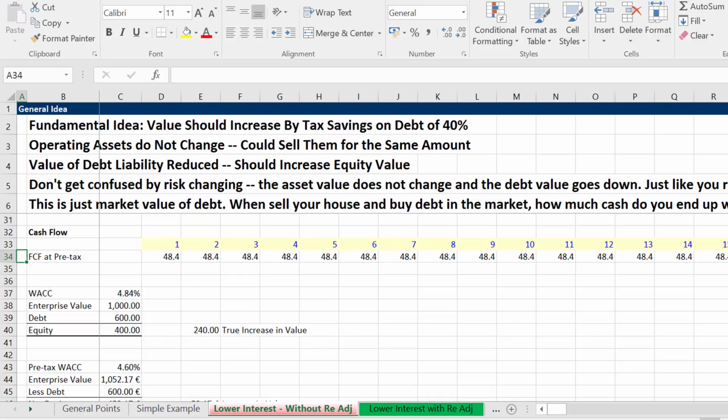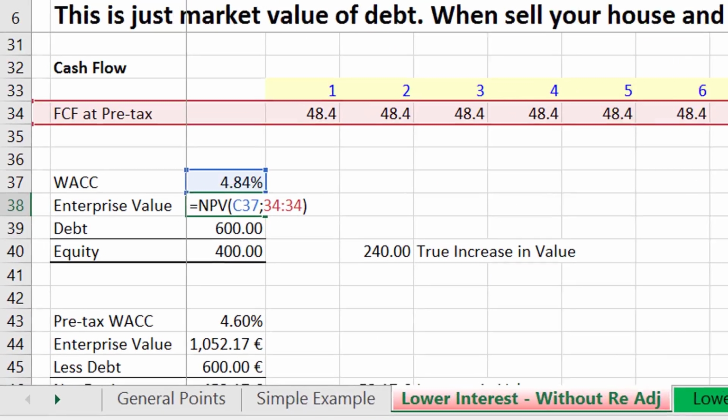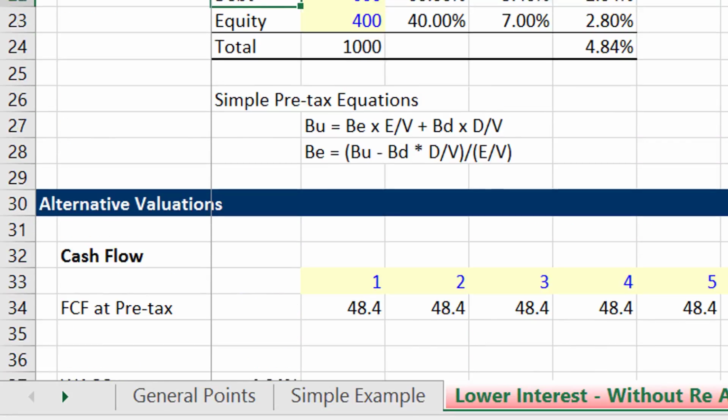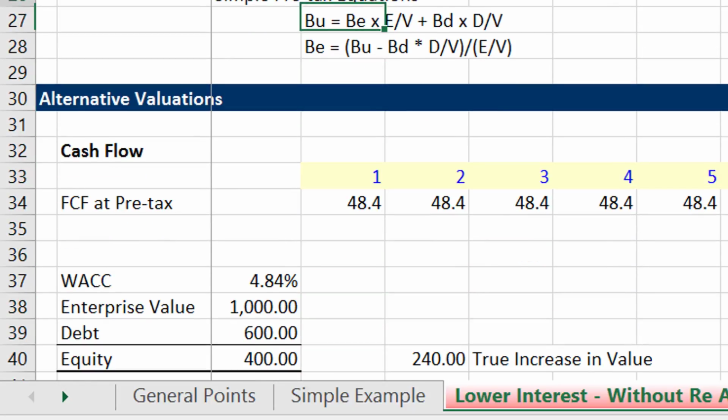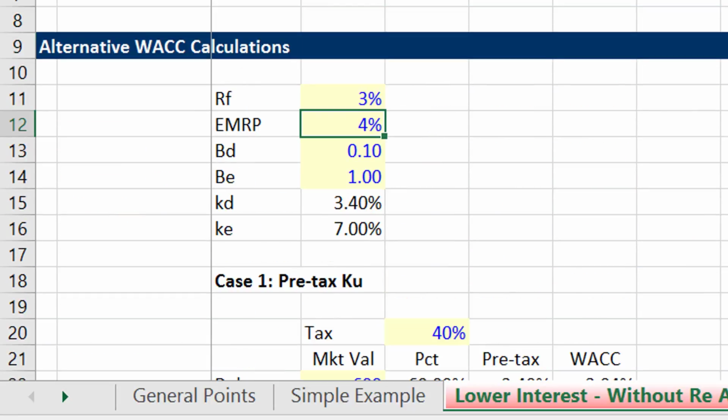Now, if you look at the different valuations, if we just say, okay, we had no taxes, so I'm going to start with this capital structure. We have debt and equity. And I just made an assumption, by the way, put some RF, RM, risk-free, equity market risk premium. 4% is enormous.